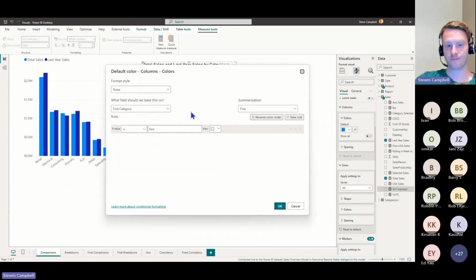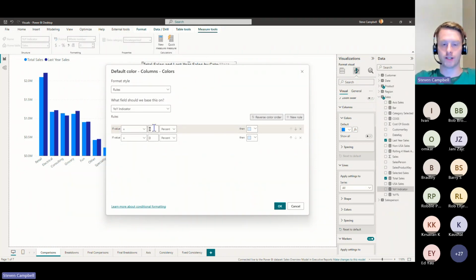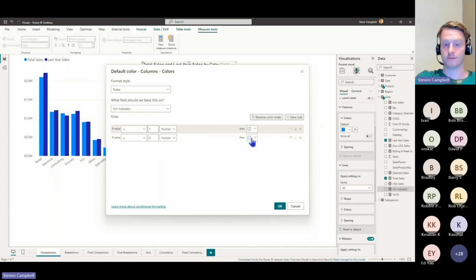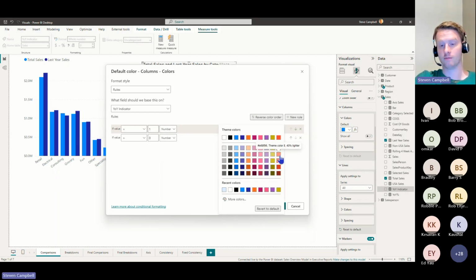I'm going to make this a rule, and I'm going to use my year-over-year indicator. I'm going to say, if my year-over-year indicator is 1, which with the DAX means this is greater than last year, change these to numbers, then show a gray color. However, if my year-over-year indicator is 0, as in we're lower than last year, I'm going to make a red color.